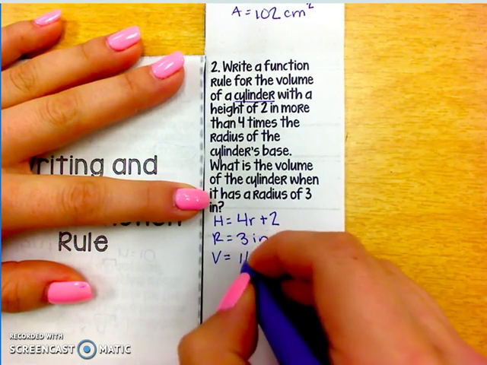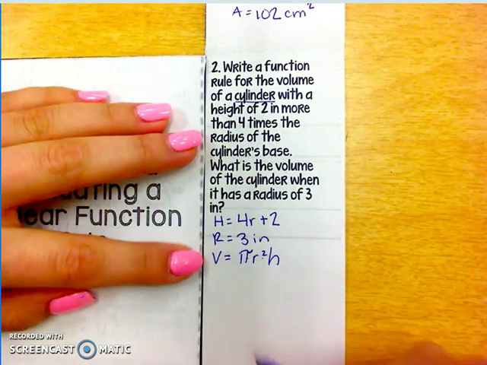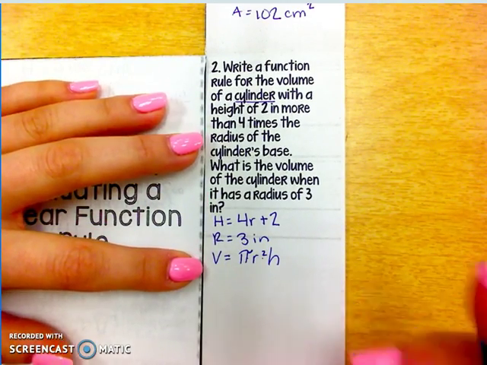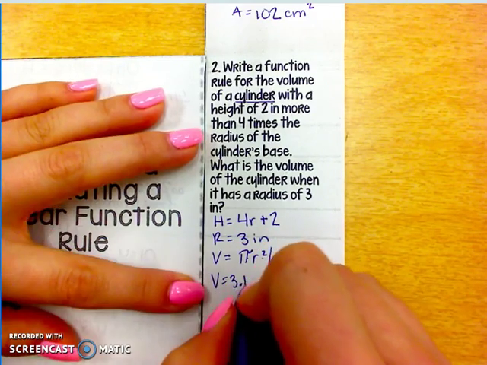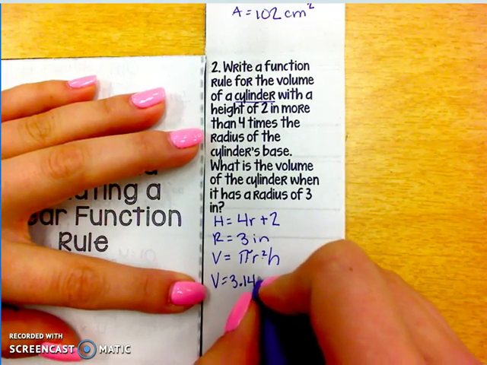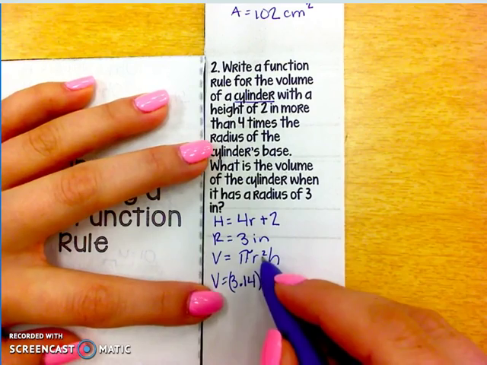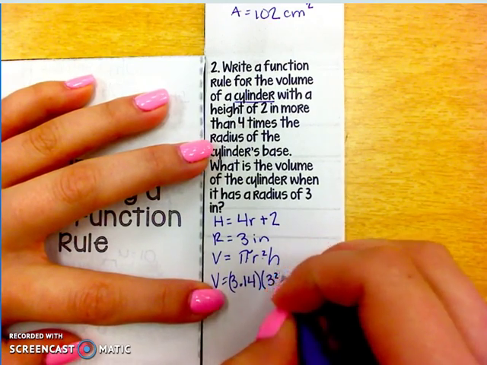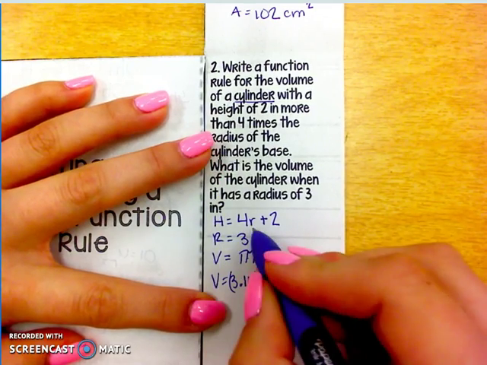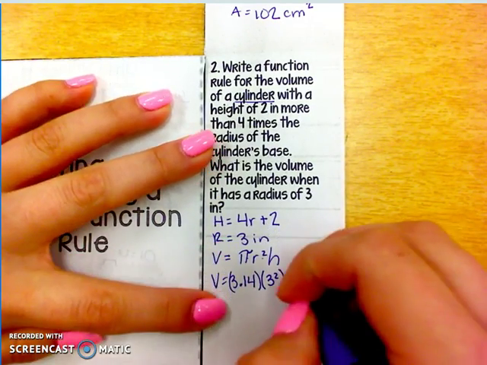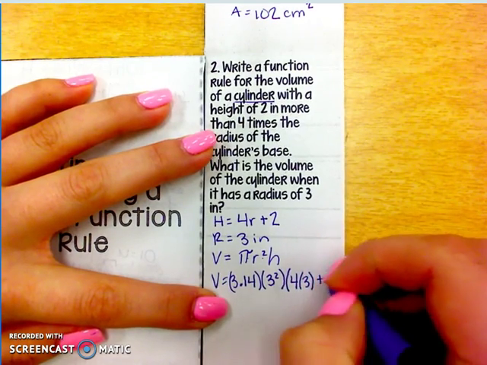Volume of a cylinder is pi r squared times the height, and let's plug in what we know. 3.14 times the radius squared. We said the radius is 3. 3 squared times 4 times r. Well, r is 3, and then plus 2.